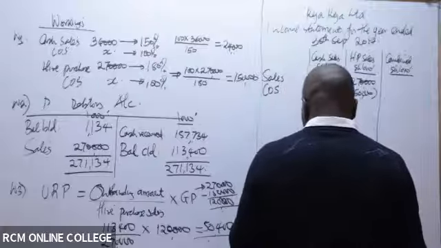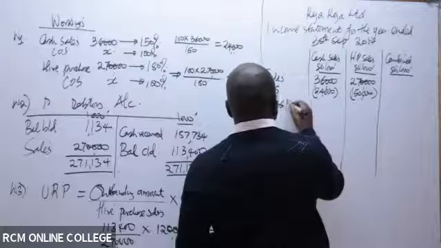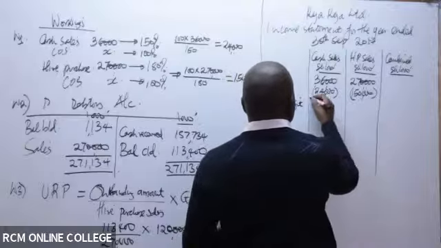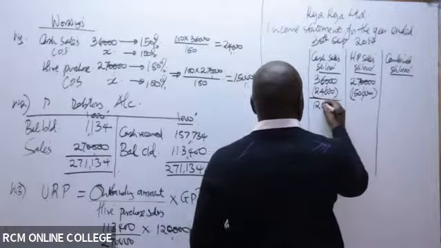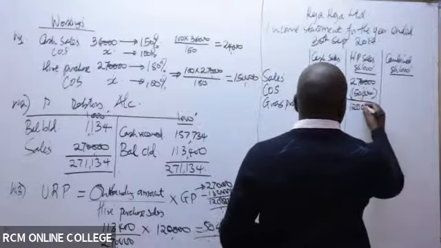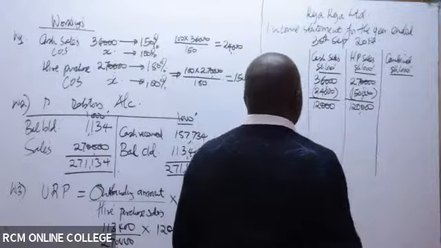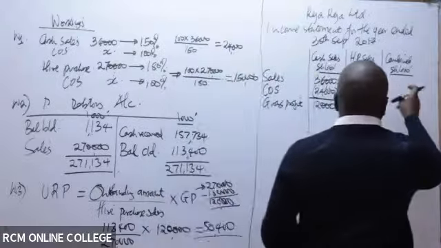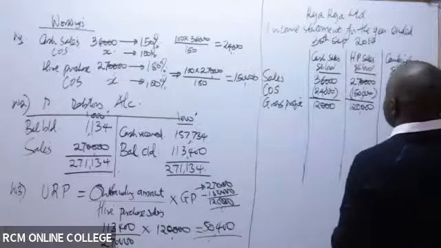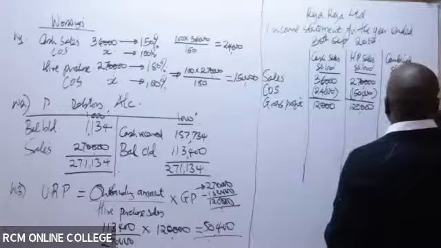With the difference, you'll be able to get the gross profit. This one is 12,000. This one is 120,000. So you just add to get the combined. I think this one is 306,000.